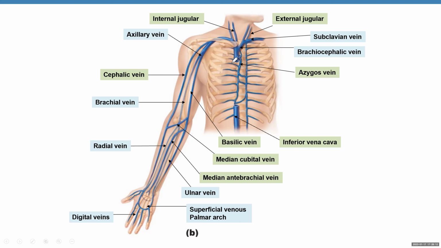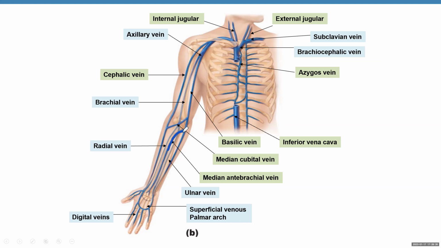But here's our superficial vein, the ones that are close to the body, called the basilic vein. So here's the basilic, and on the lateral side, you have the cephalic vein. So both basilic and cephalic veins are superficial veins, and they're connected over here through the median cubital vein.